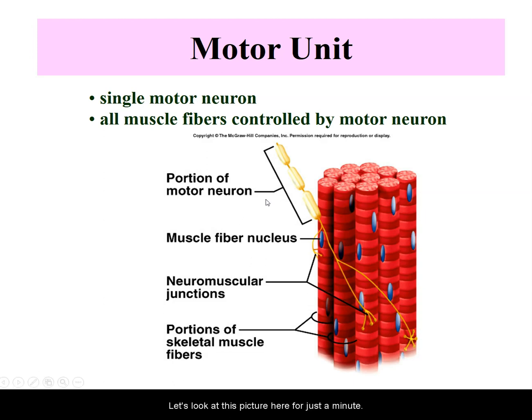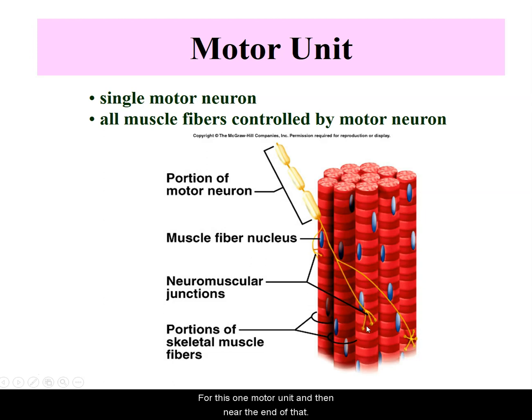Let's look at this picture here for just a minute. We have a motor neuron here, this myelinated motor neuron, and this motor neuron will branch, and that's called a collateral. And there's another collateral. There'll be many branches, or collaterals, for this one motor neuron.